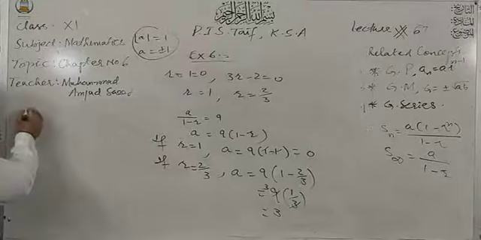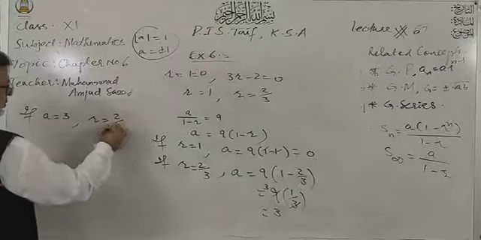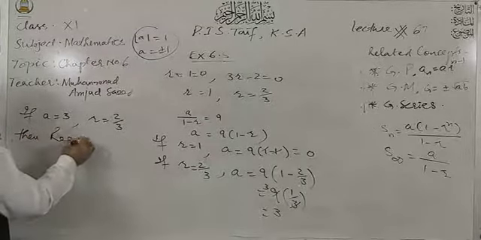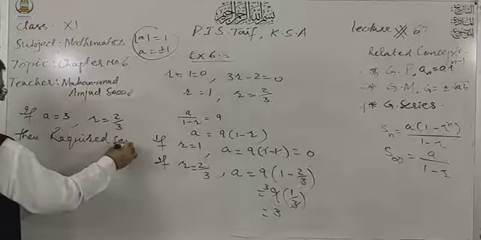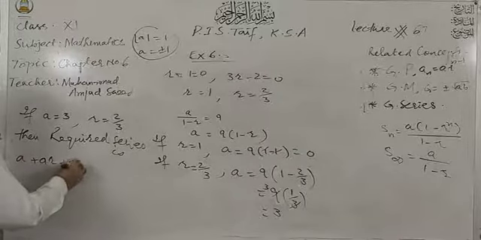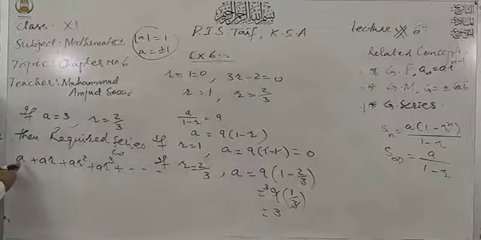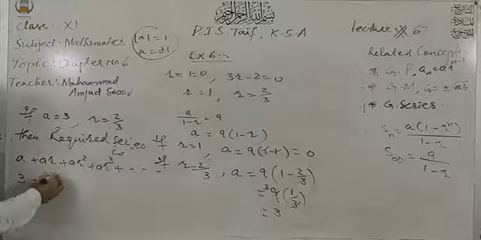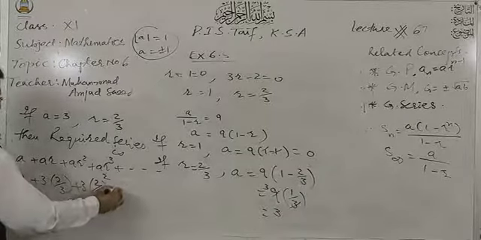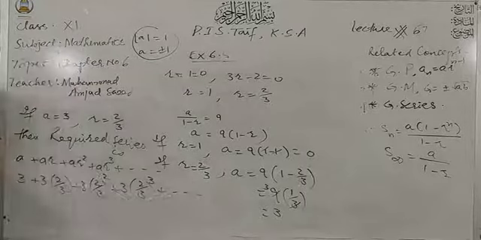So if a = 3 and r = 2/3, then the required series is a + ar + ar² + ar³ + and so on. That is 3 + 3 into 2/3 + 3 into (2/3)² + 3 into (2/3)³ + and so on.